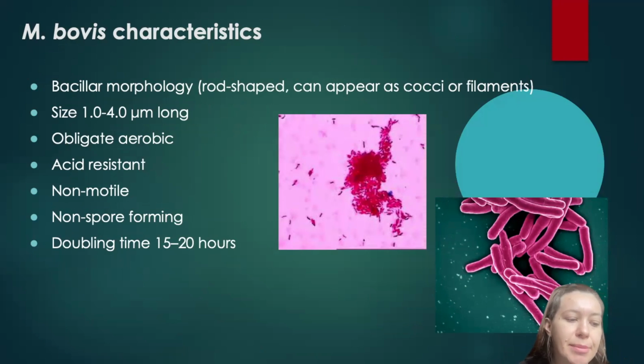In culture, they sometimes can form filaments up to 8 micrometers long. This microbe is facultative intracellular, obligate aerobic, acid-resistant, non-motile, and does not create spores. Its doubling time is from 15 to 20 hours.